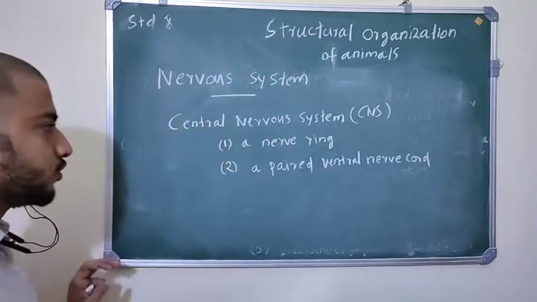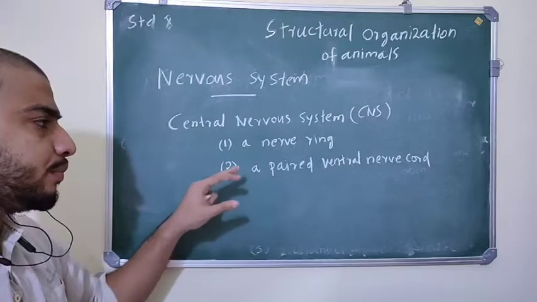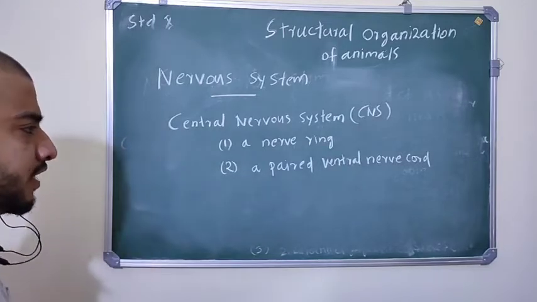Okay. So what are the components of the central nervous system of the leech? A nerve ring and a paired ventral nerve cord.